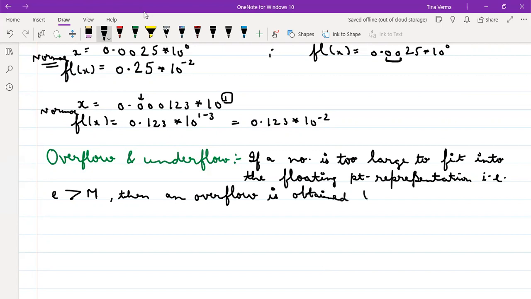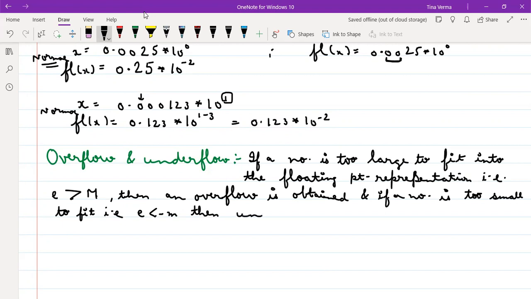And if a number is too small to fit, that is, if my exponent is less than minus m, then underflow is obtained.